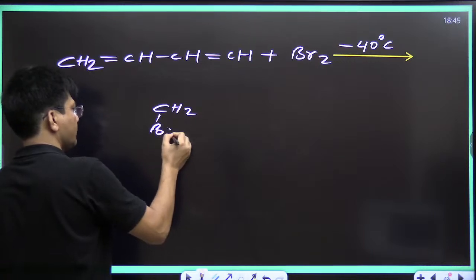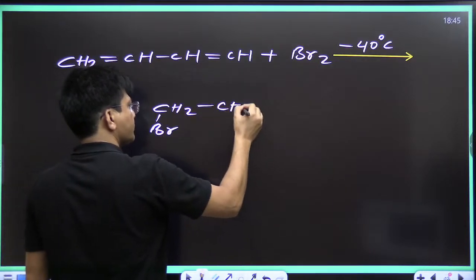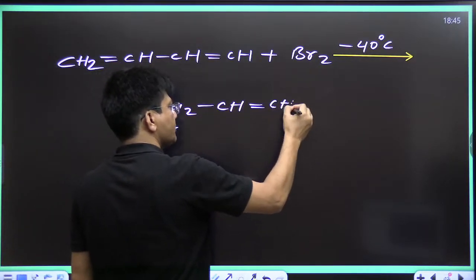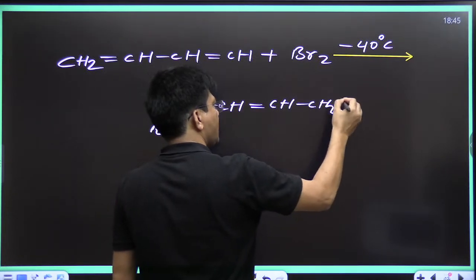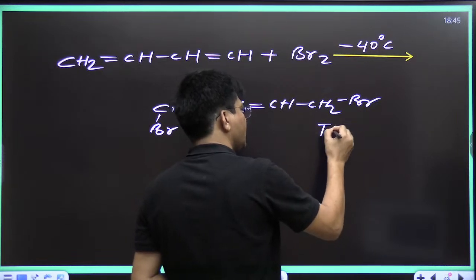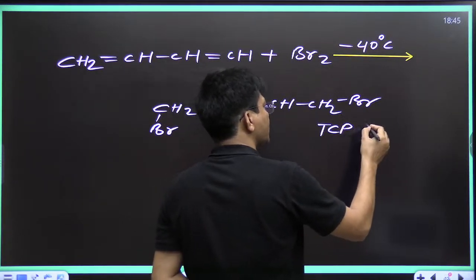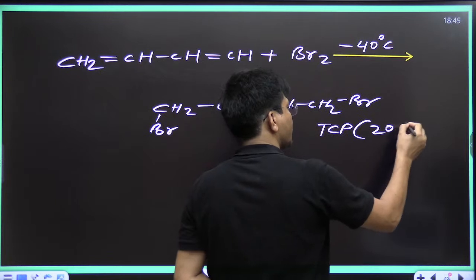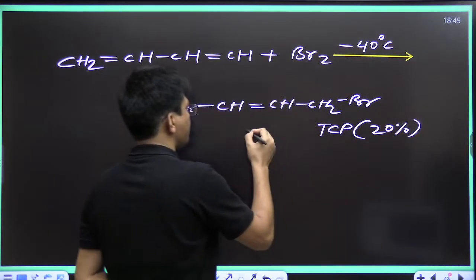CH2Br, CH double bond, CH2Br. This is once again the thermodynamically controlled product, more stable, but it is just 20%, the minor product here.